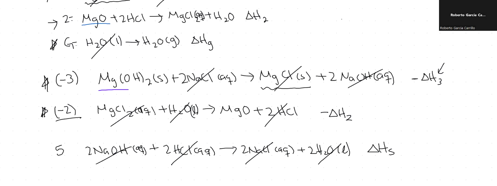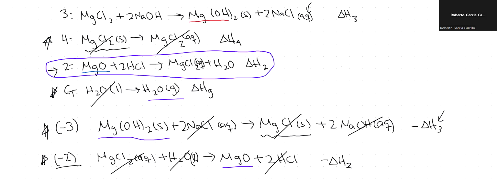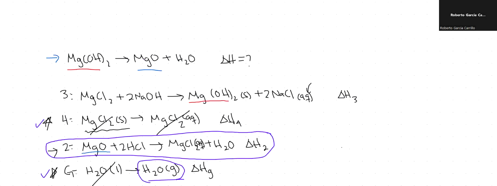So we have magnesium hydroxide, magnesium oxide, and water. Remember that this one was already flipped, so we don't use this equation anymore. We use the inverted version. So considering this equation, this equation, this equation, this equation, and this equation, we can see that we are left only with magnesium hydroxide as a reagent and water and magnesium oxide as products, which is what we began with here.